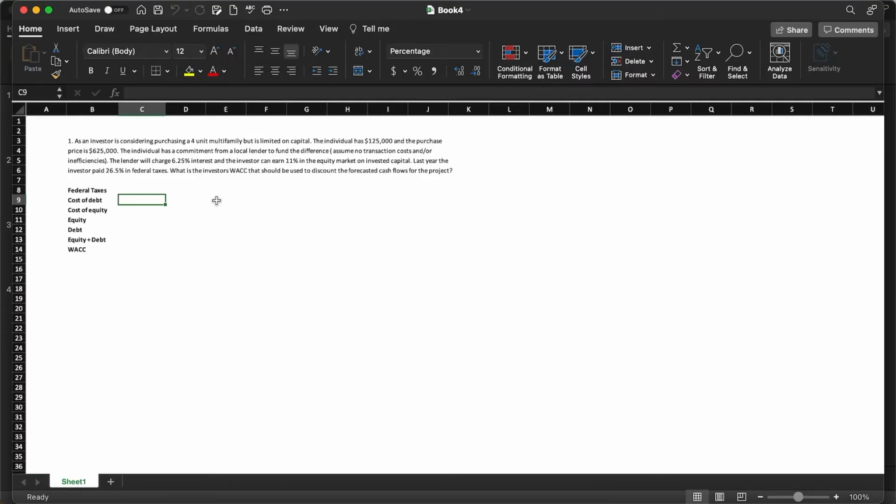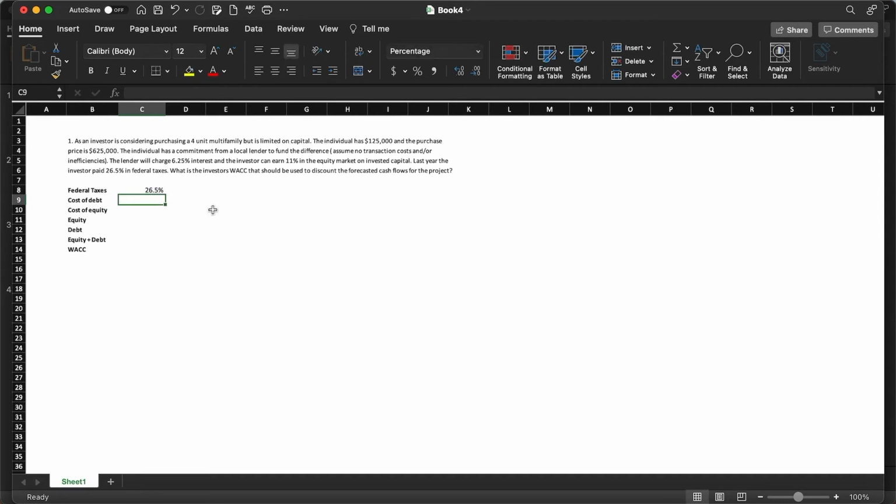Okay, so we know that the investor paid 26.5% in federal taxes last year, so we can use that as our benchmark: 26.5.